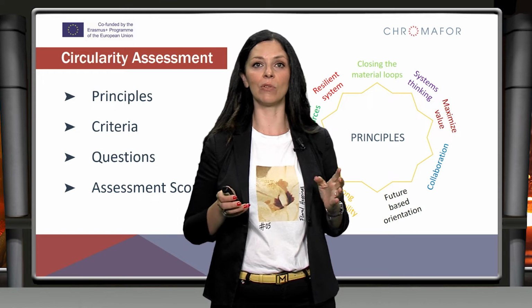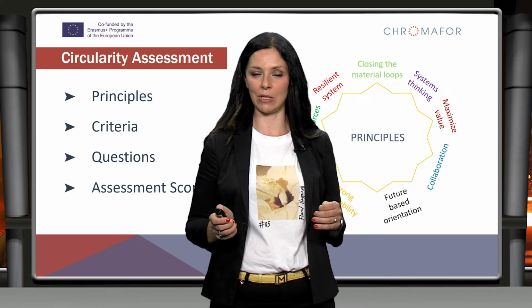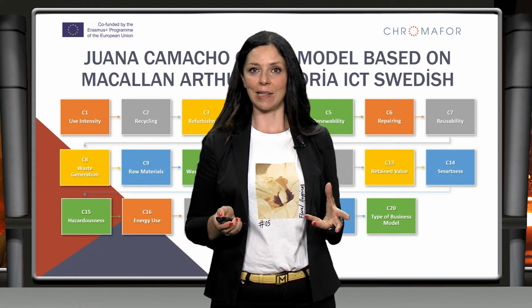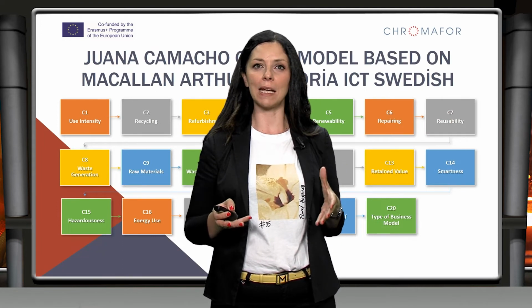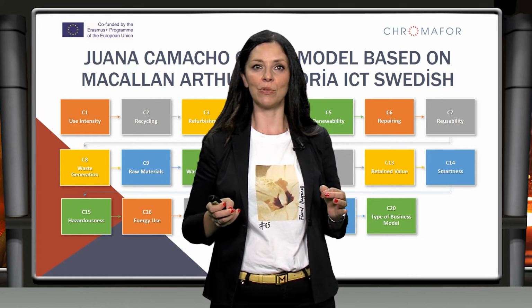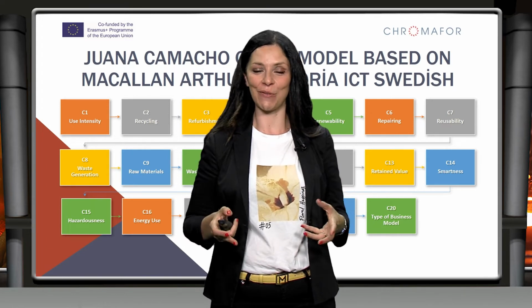That is why this model provides an assessment scoreboard that is developed after the company has answered these questions about the characteristics of the production process. Which are the criteria, more in detail, that a company has to keep in mind when they want to test the environmental sustainability of their production process?